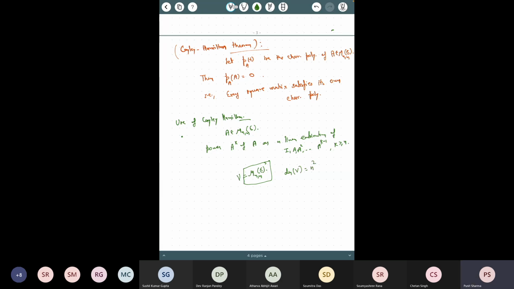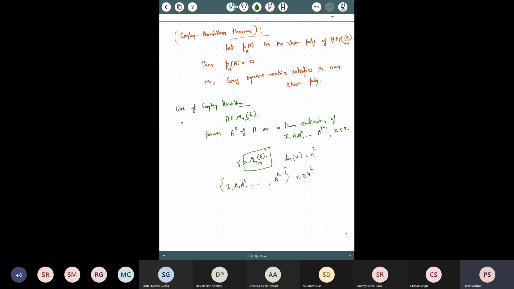Now if I consider this set I, A, A square and so on up to A^k, where k is greater than or equal to n square, then this set is linearly dependent, and therefore I can always write A^k as a linear combination of other matrices.